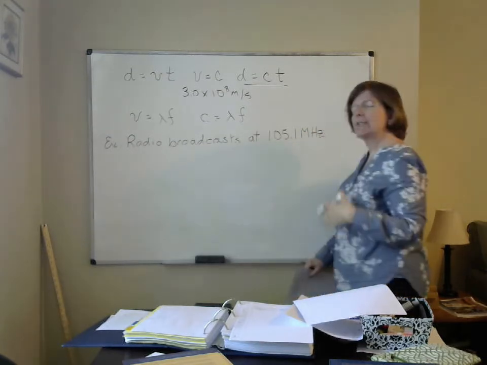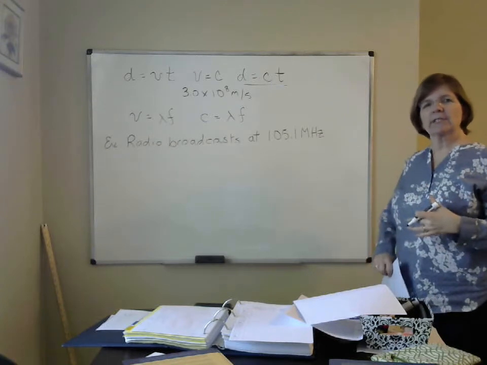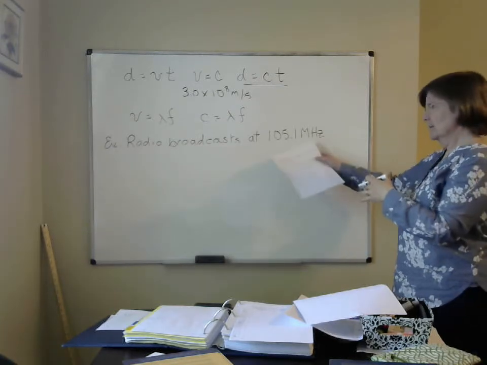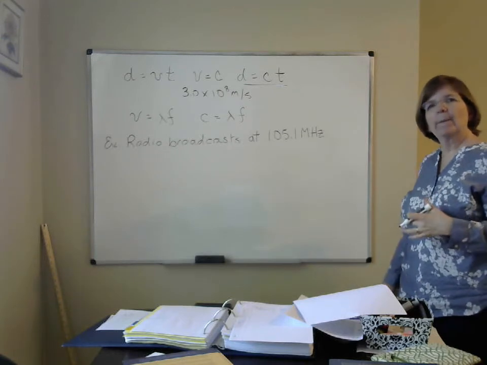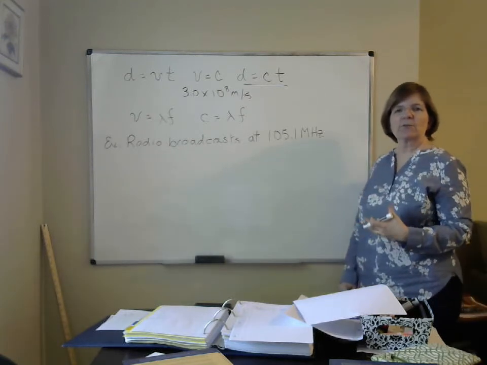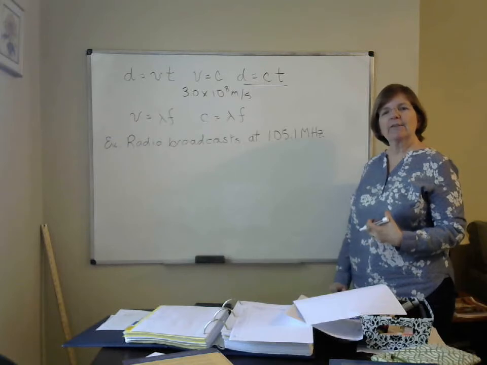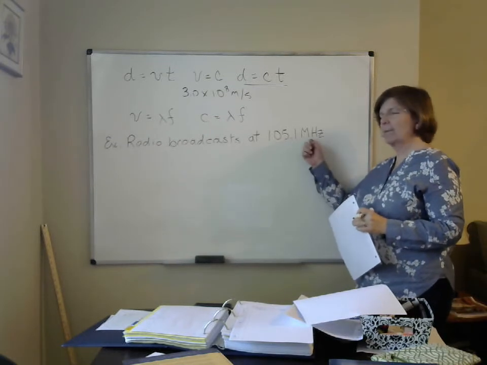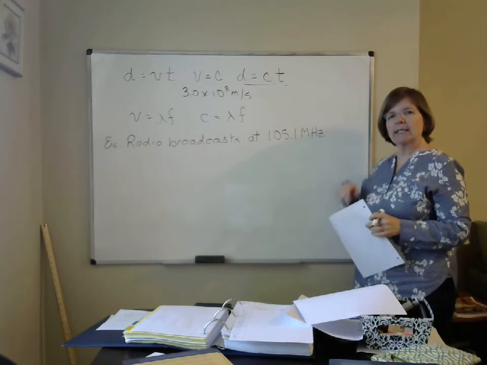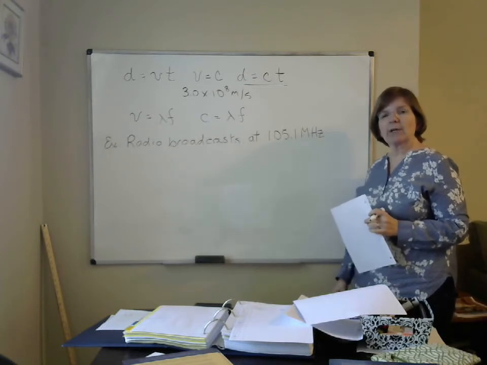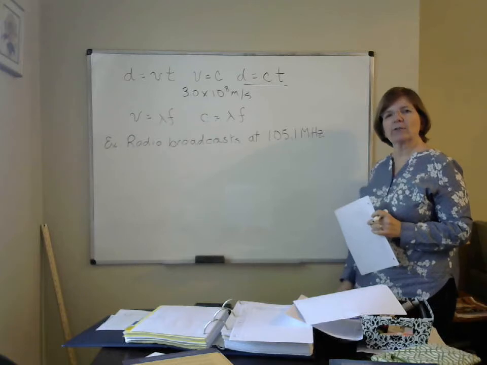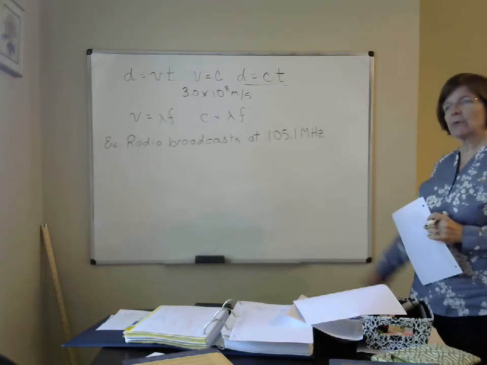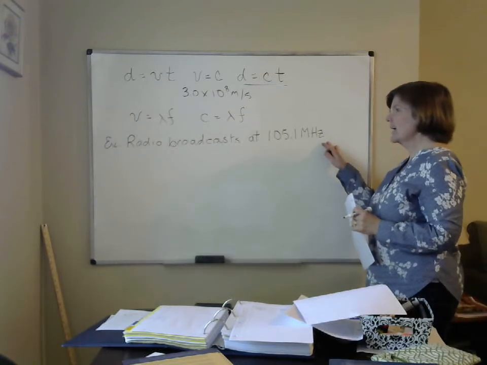I know you've seen all of those numbers with radio stations, 99.5, 101.3, 105.1. What those numbers are telling you is their broadcast frequency. If it's an FM station, it's going to be a broadcast frequency in the megahertz. If it's an AM station, it's going to be a broadcast frequency in the kilohertz, maybe 1250 kilohertz. So our local country western station, 105.1 megahertz.